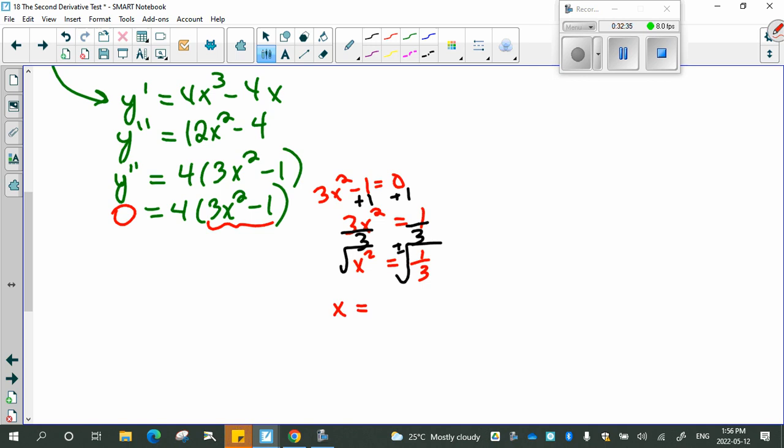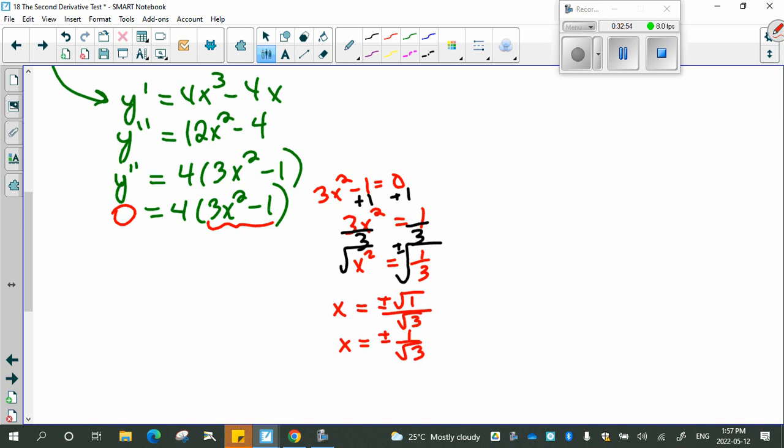So I get x equals, now do you guys agree that I can do this positive or negative root of 1 over root of 3? Okay, and what do we know about the root of 1? It's 1. So positive or negative 1 over root 3.